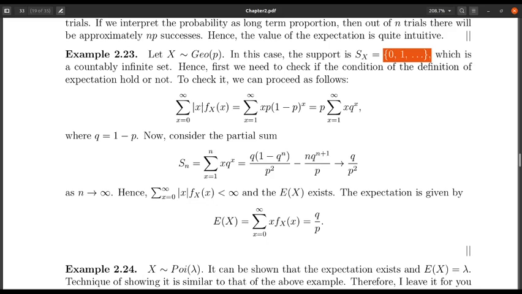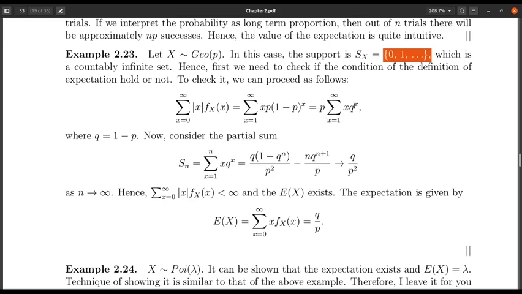So keeping the modulus and removing it is the same for this example, because we are taking the summation from 0 to infinity. I first remove the modulus, then the 0 term does not contribute anything to the sum. So the sum becomes x equals 1 to infinity of x p (1 minus p) to the power x, which you can simplify by writing 1 minus p equals q.